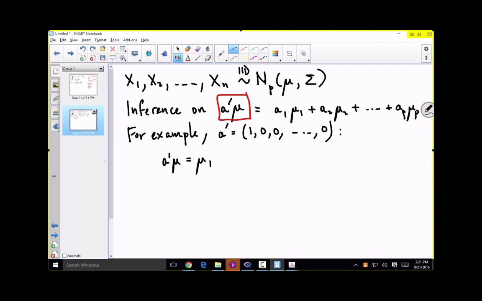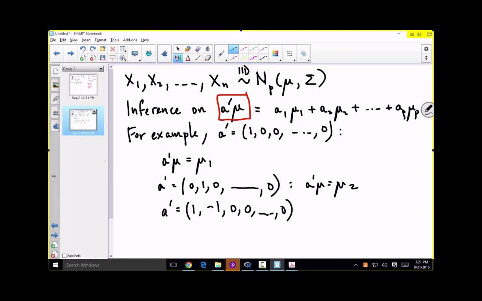I could have A transpose mu equal to mu 1. I could have A transpose equal to 0, 1, 0, all zeros. That would give me A transpose mu equal mu 2. If I wanted to look at a contrast between one or more of these, what if we said A transpose equals 1, minus 1, 0, 0, 0. This would give us mu 1 minus mu 2.